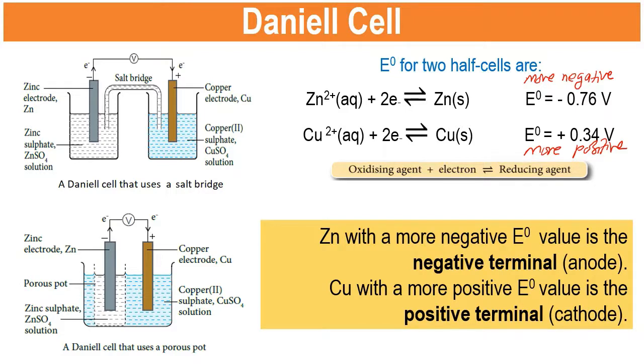Bear in mind that the negative terminal is where oxidation occurs, the releasing of electrons occurs, and it is called the anode.